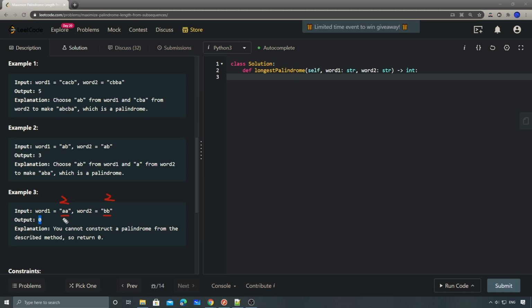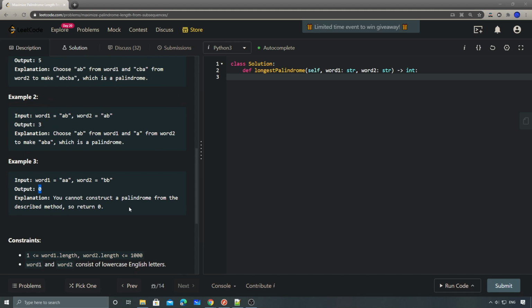So for this example, if we pick a letter from both word 1 and word 2, we cannot make any palindrome string. That's why the answer is 0. Okay, so we have some examples here.